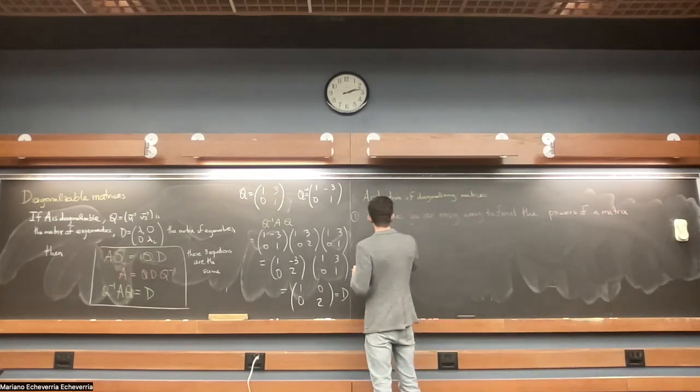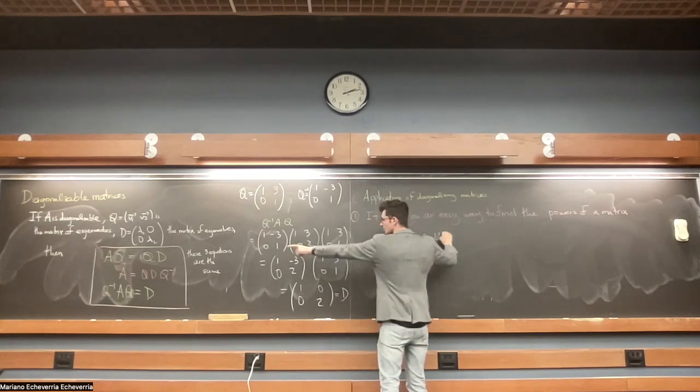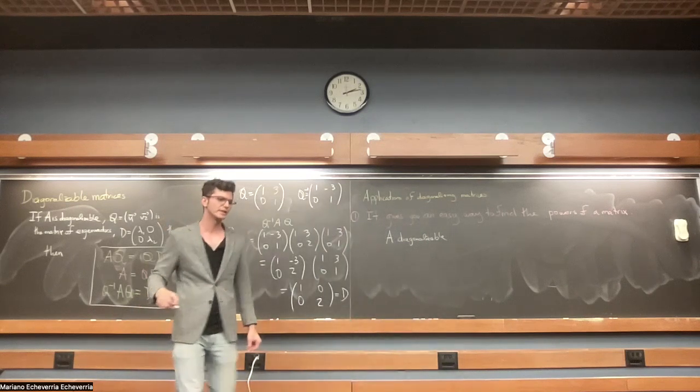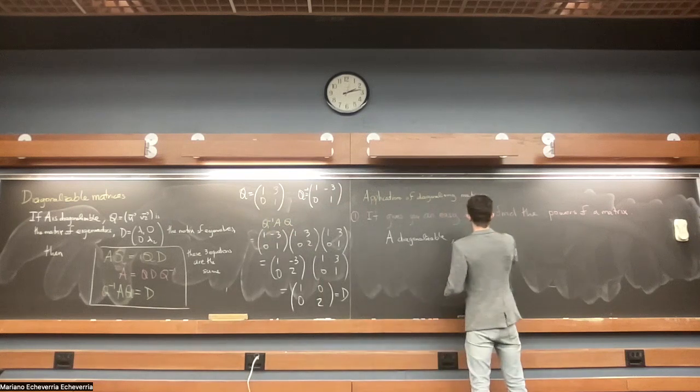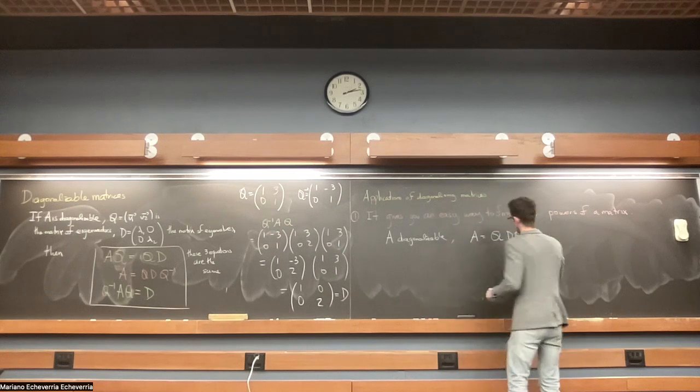So remember, here A is diagonalizable, which means that if you look at that equation, our master equation, A equals Q D Q inverse, or any of the three versions, but this one is very useful for what I'm about to say.